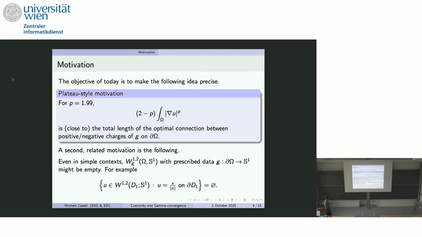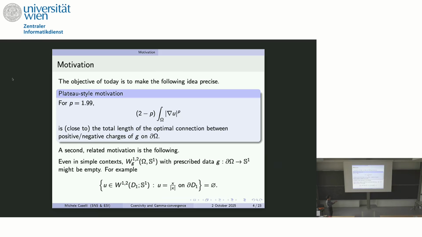A second related motivation is the one coming from the theory of harmonic maps. That is, one would like very often to consider harmonic maps with prescribed boundary datum, or in a closed manifold in a prescribed homology class or something like that. But very often, the space W12 with prescribed boundary datum can be empty. There are very simple examples for this.